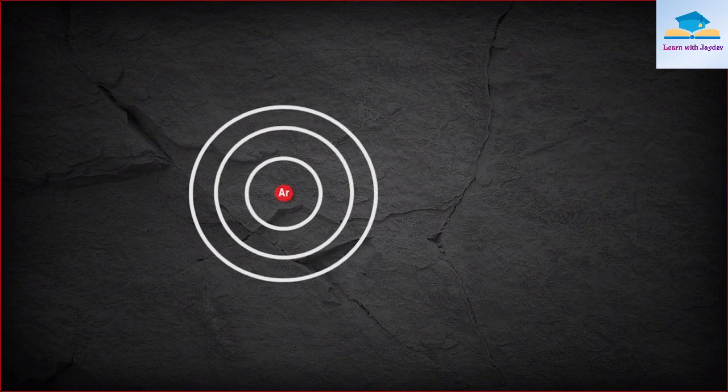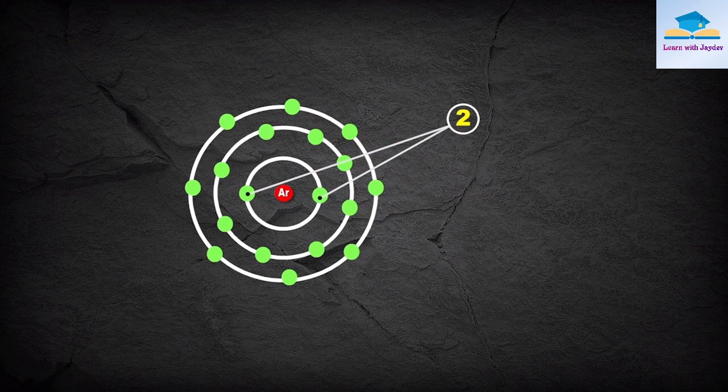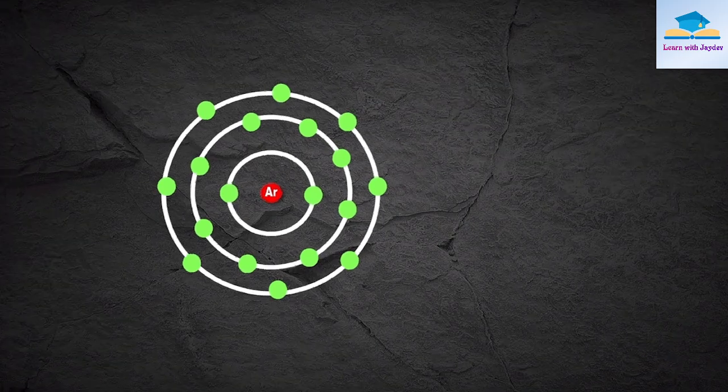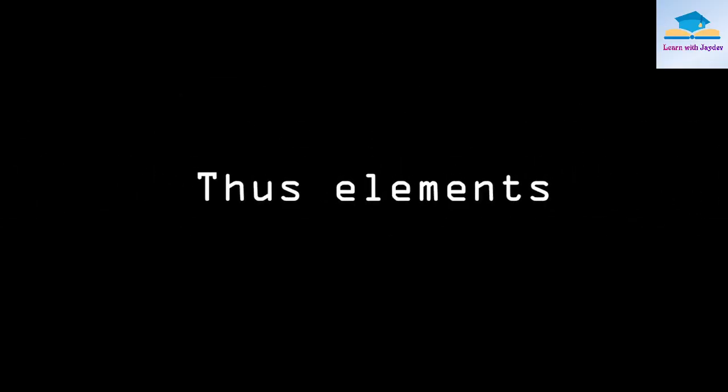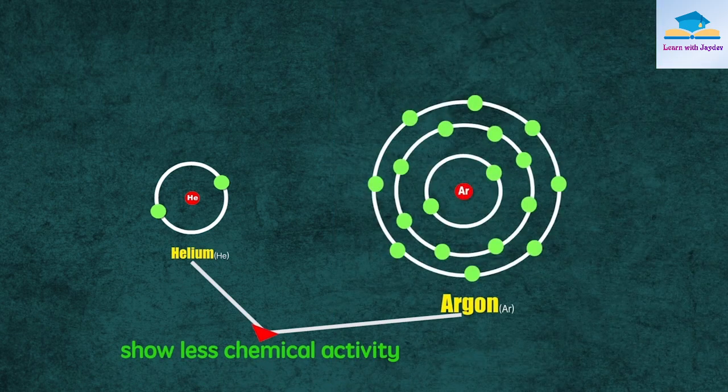The atomic number of argon is 18, and so the electron configuration is 2, 8, 8. The outermost shell is completely filled and is stable. Thus, elements like helium and argon show less chemical activity.